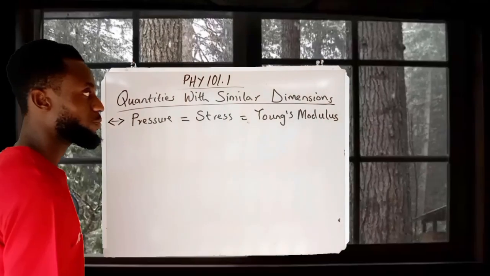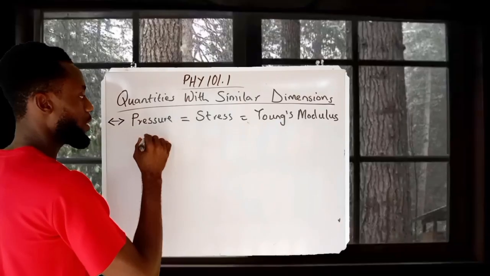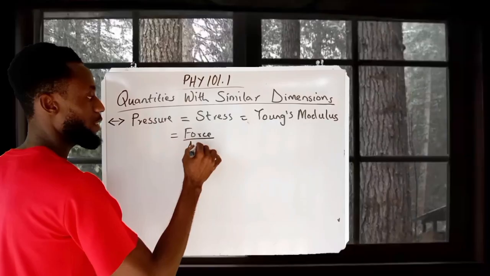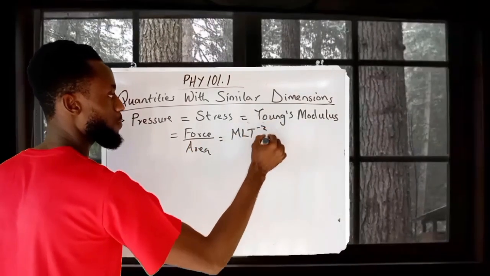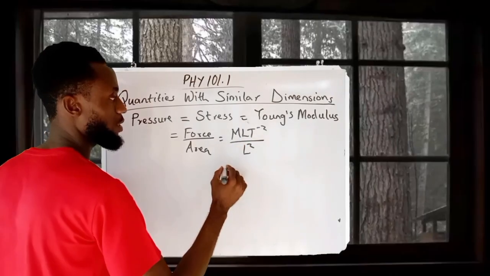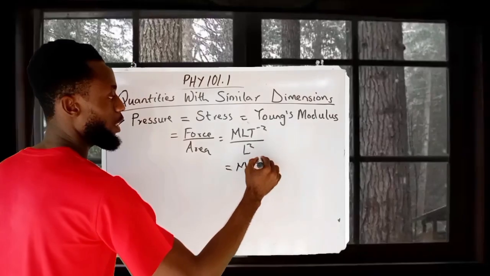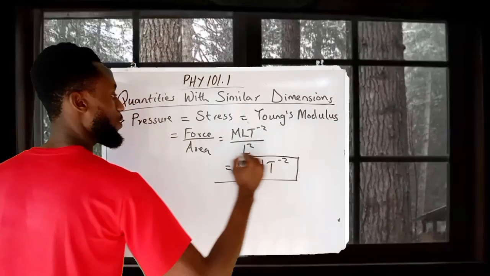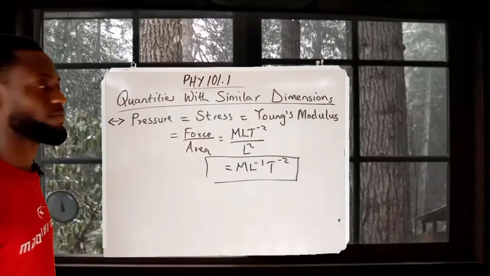So these three are always going to be force over area. That means mass times acceleration all over L squared, which gives us M L^-1 T^-2. So these three share the same dimensions.